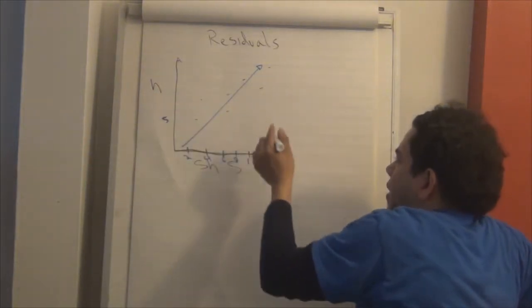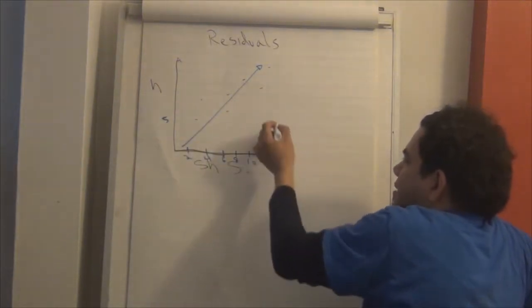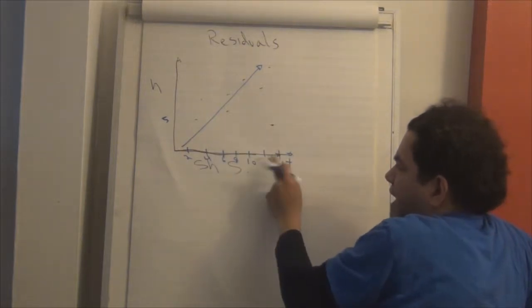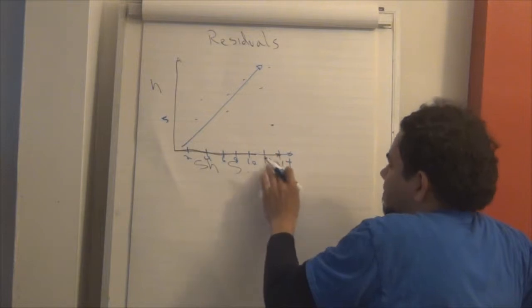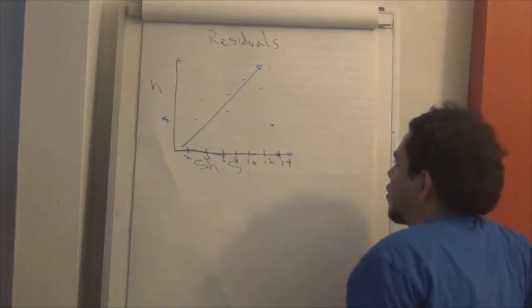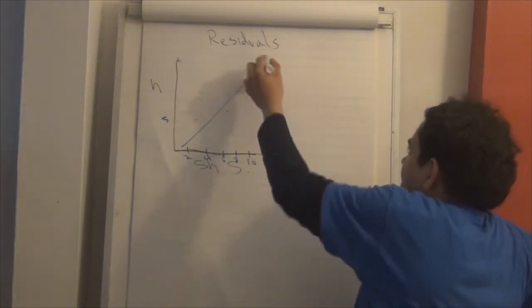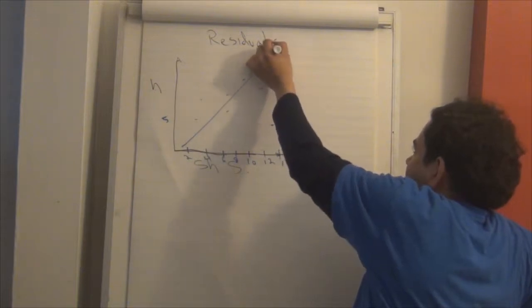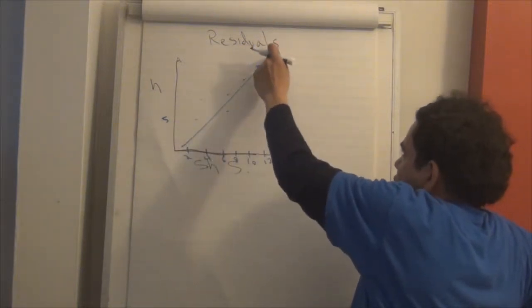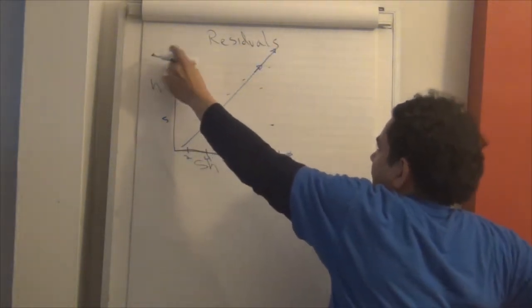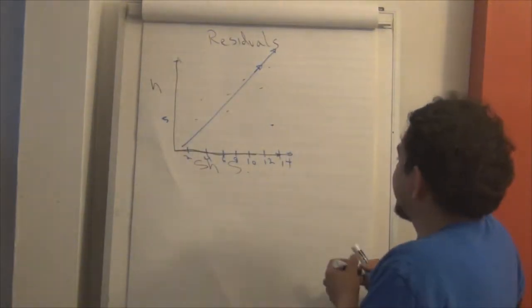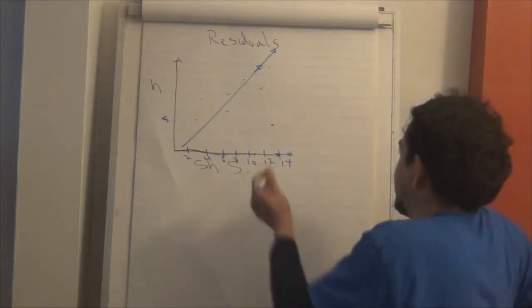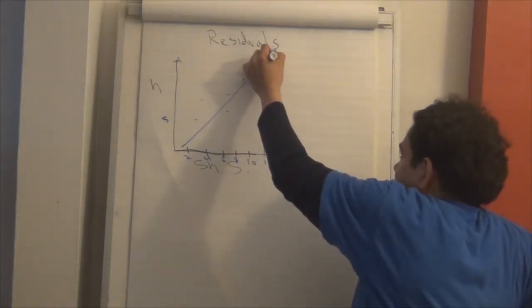At 5 feet, he is wearing a size between 12 and 14, size 13. So you're 5 feet, but you're wearing 13. But the prediction line says that you should be a lot taller if you're going to be wearing 13. Well, in this case, what we're going to do is check the distance.